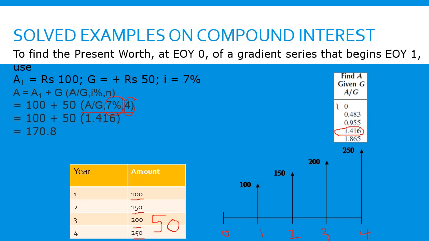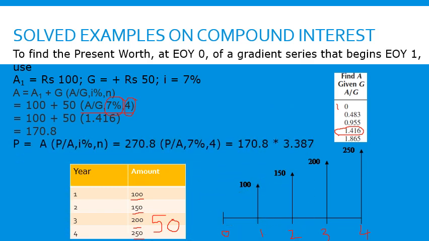Instead of 100 in the first year, 150 in the second year, 200 in the third year, 250 in the fourth year, it is as good as having a uniform flow of 170.8 in each of the four years. This is the uniform flow of 170.8. This is the first step. I hope you have understood this point now.